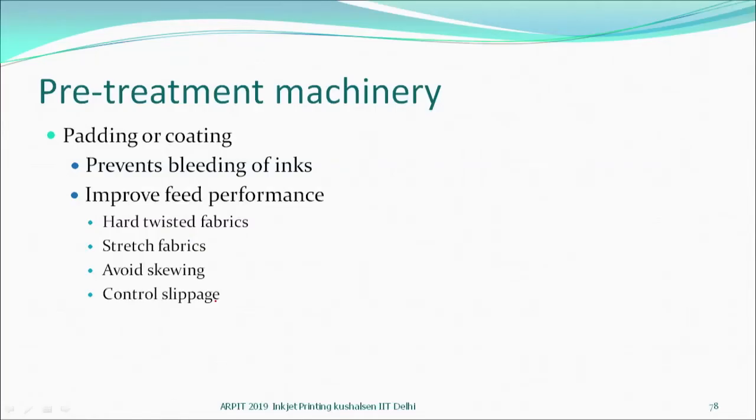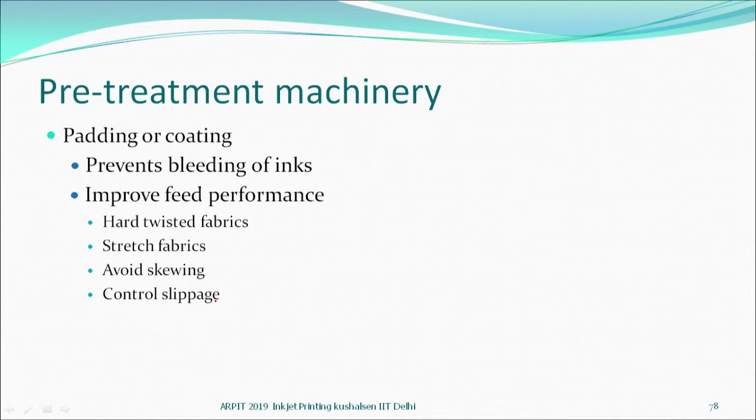So, there is a pre-treatment machinery, padding or coating. What will it do? It will prevent bleeding of the inks from one area to the other and improve the feed performance. Highly twisted yarn fabrics, for example, like crepes and georgettes. Their surfaces are rough, they stretch, dimensions can change.